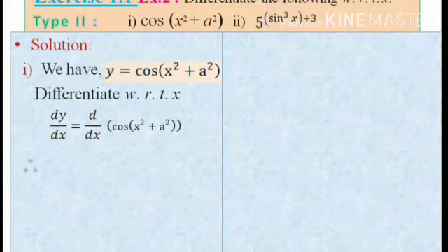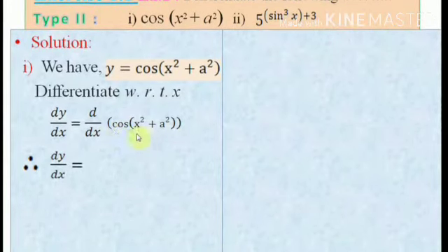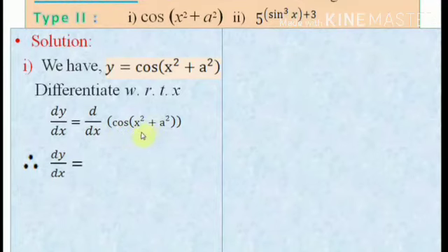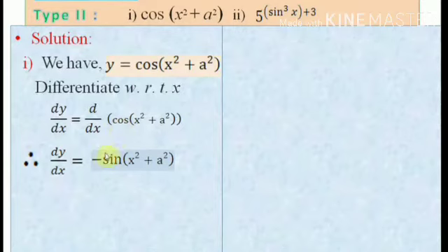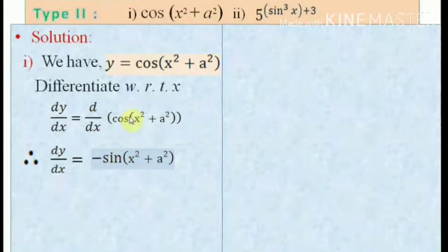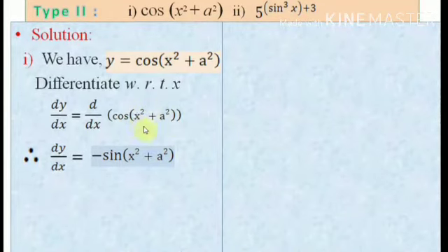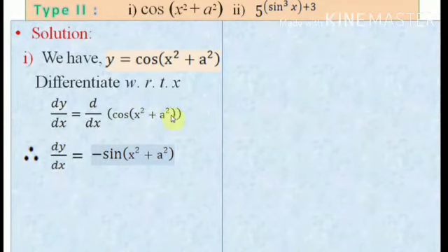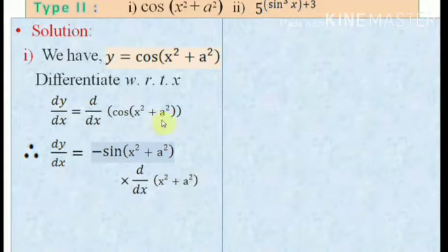Again, we know that the derivative of cos of f of x is minus sin of f of x into the derivative of f of x, that is f dash of x. Therefore derivative of cos of (x square plus a square) is minus sin of (x square plus a square) into the derivative of f of x, where f of x is x square plus a square.